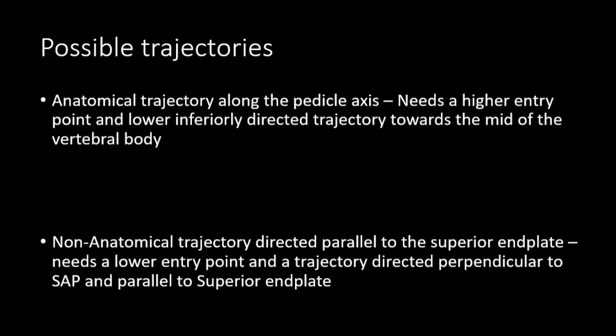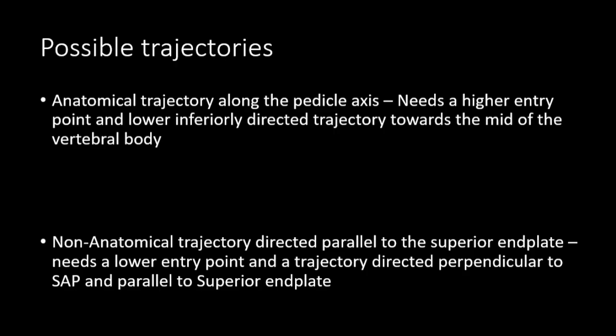Anatomical trajectory is along the pedicle axis, but sometimes the axis is not parallel to the superior end plate, it is going downwards. So the anatomical trajectory needs a higher entry point and a slightly more inferiorly directed trajectory for the screw.